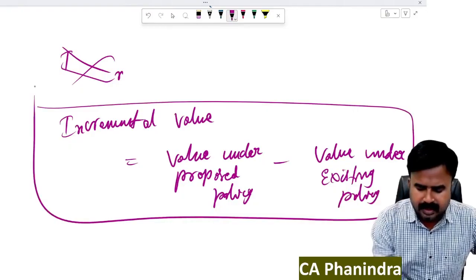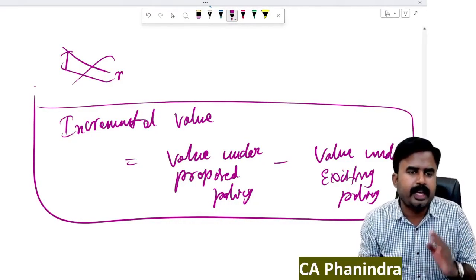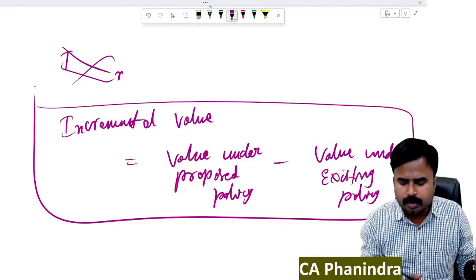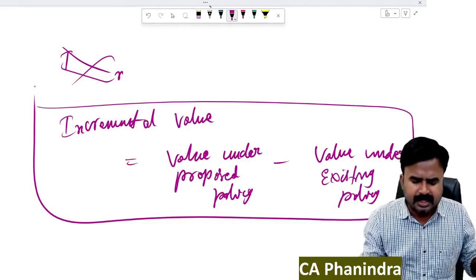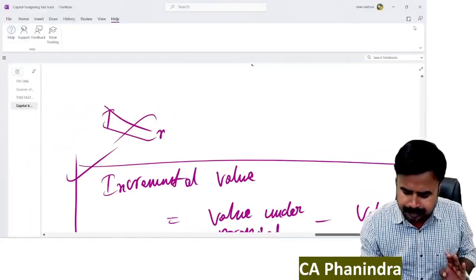If you take the sales under proposed policy minus sales under existing policy, or variable cost under proposed policy minus variable cost under existing policy, this is the formula, a simple formula. Everywhere you must apply this formula only.